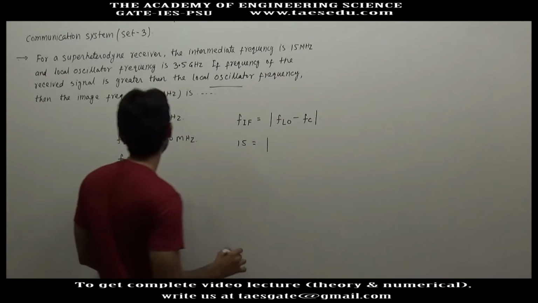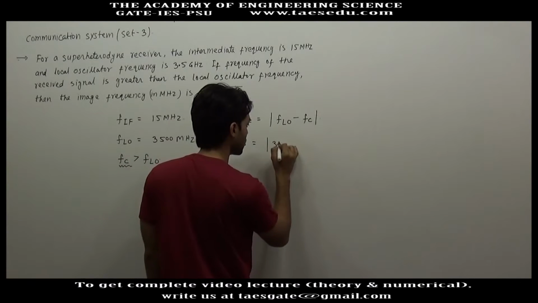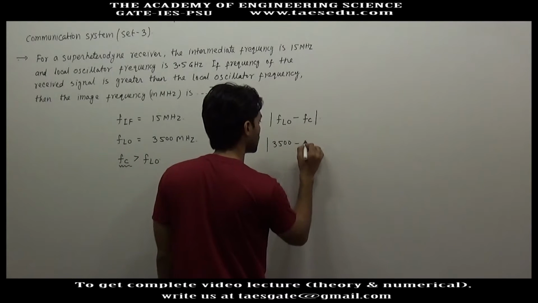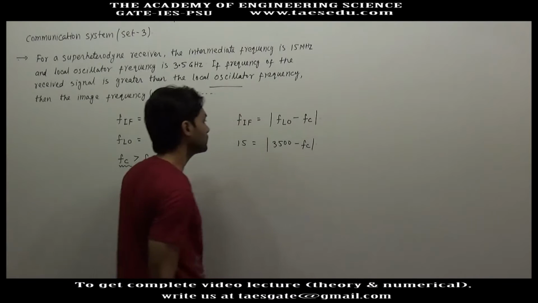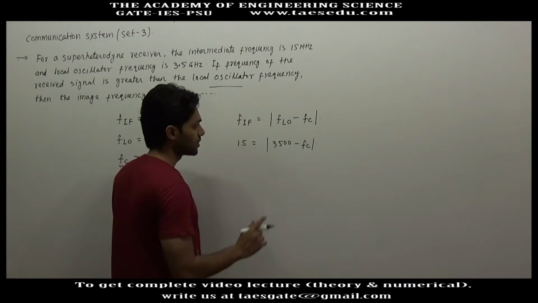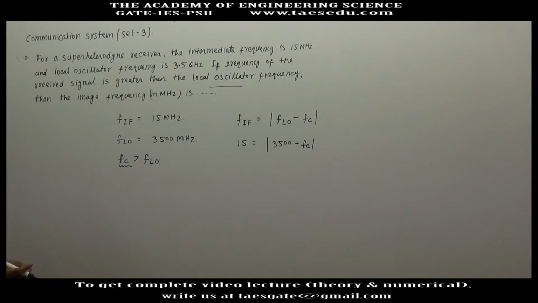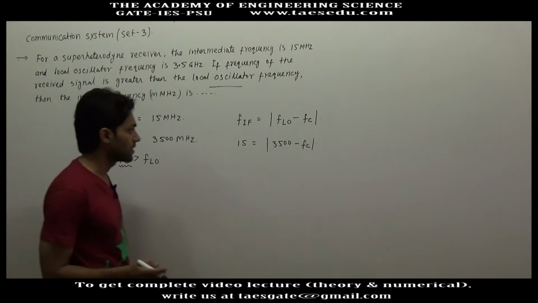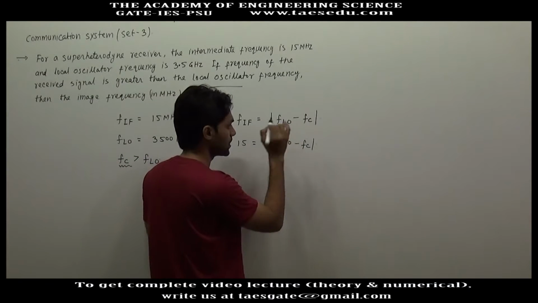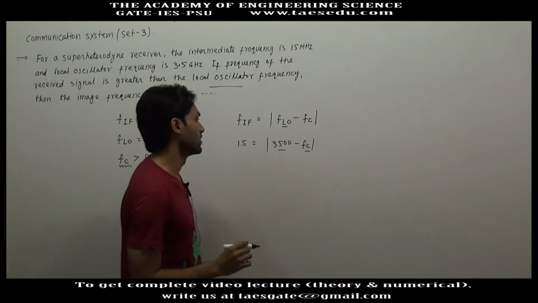So 15 equals the modulus of 3500 minus Fc. It is given that the frequency of the signal is greater than the local oscillator frequency. It means Fc is greater than 3500.